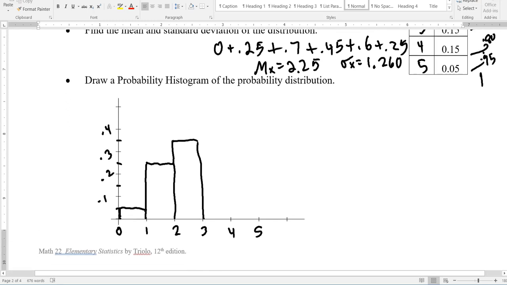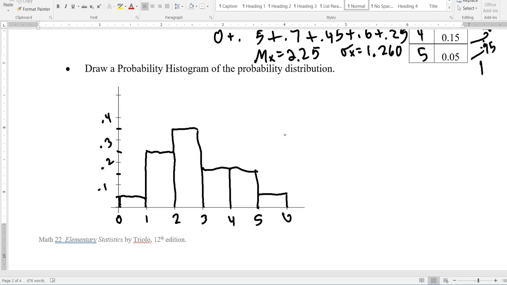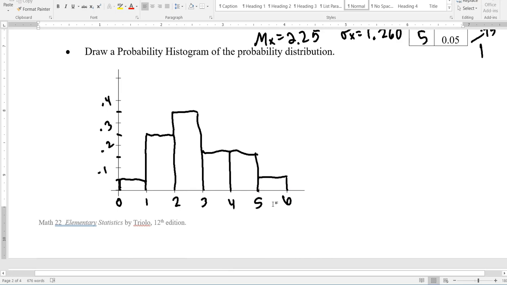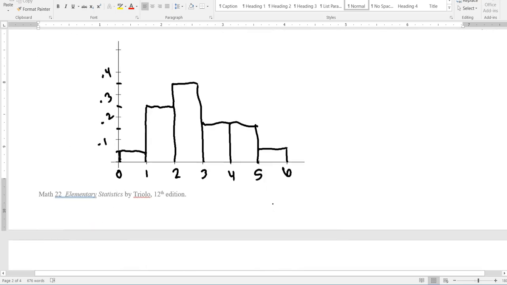And it's 0.15, 0.15, and 0.05. And you could stick a 6 here, because the way we read this bar represents all the numbers from 5 up to 6, not counting 6. So this is just all the 5s. So we've drawn a probability distribution before, and it should actually make sense with our mean now of 2.25. Doesn't that look like it would be about the center of our graph?